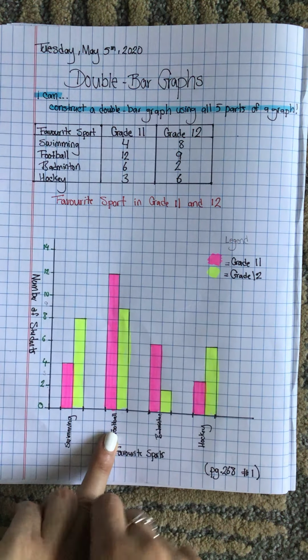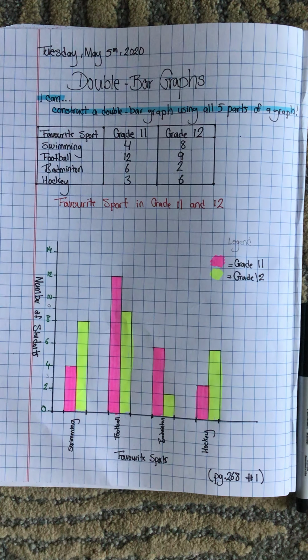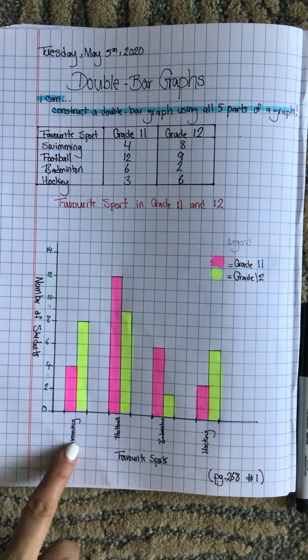What if I wanted to look at totals? I wanted to say, how many students in total like swimming? What would I do then? I would go to my swimming section, which is here.